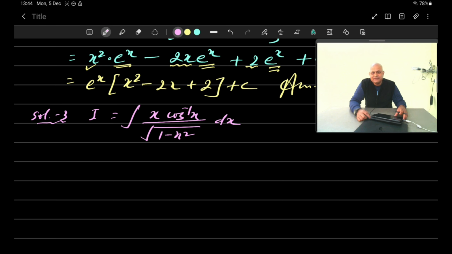We have to take precautions to apply integration by parts because here there are three functions: one is algebraic, another is trigonometric, and the third one is under the root. So before applying the integration by parts rule here, we have to think of some other way.